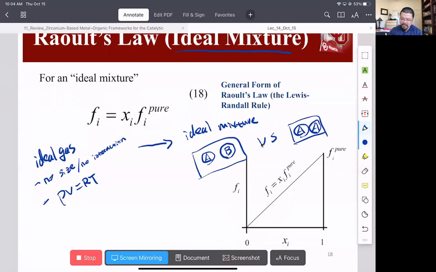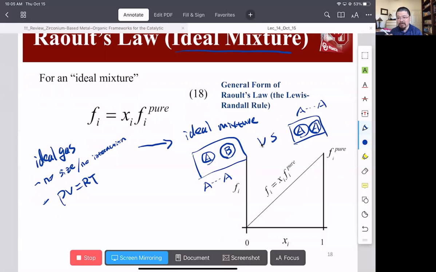If we can have the understanding that the AA interaction is not affected by the existence of other component B, then we call this the ideal mixture. So they share the volume with the other components. If that is the case, then we call this the ideal mixture.